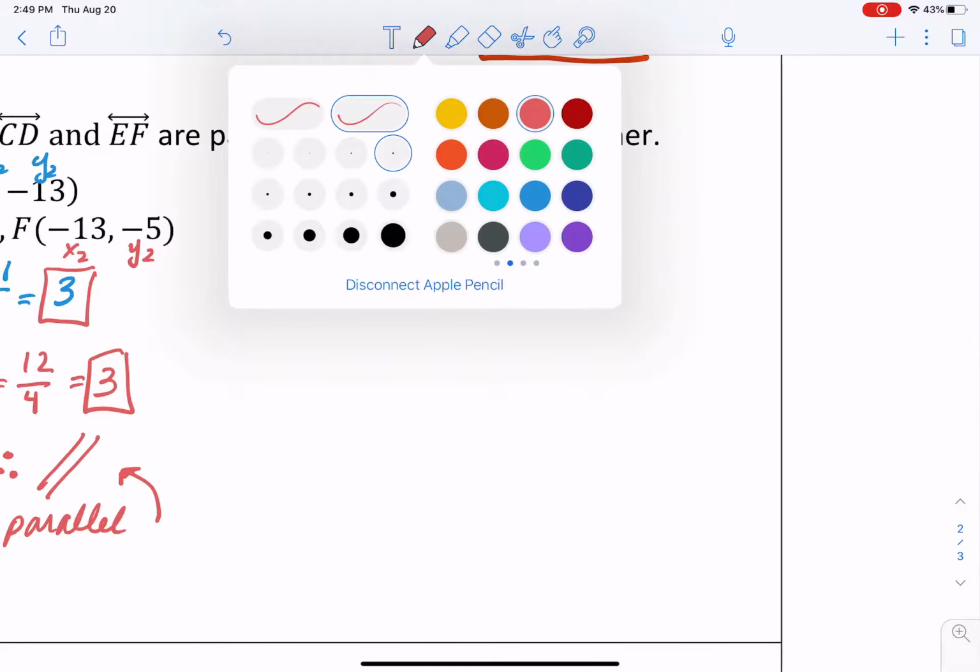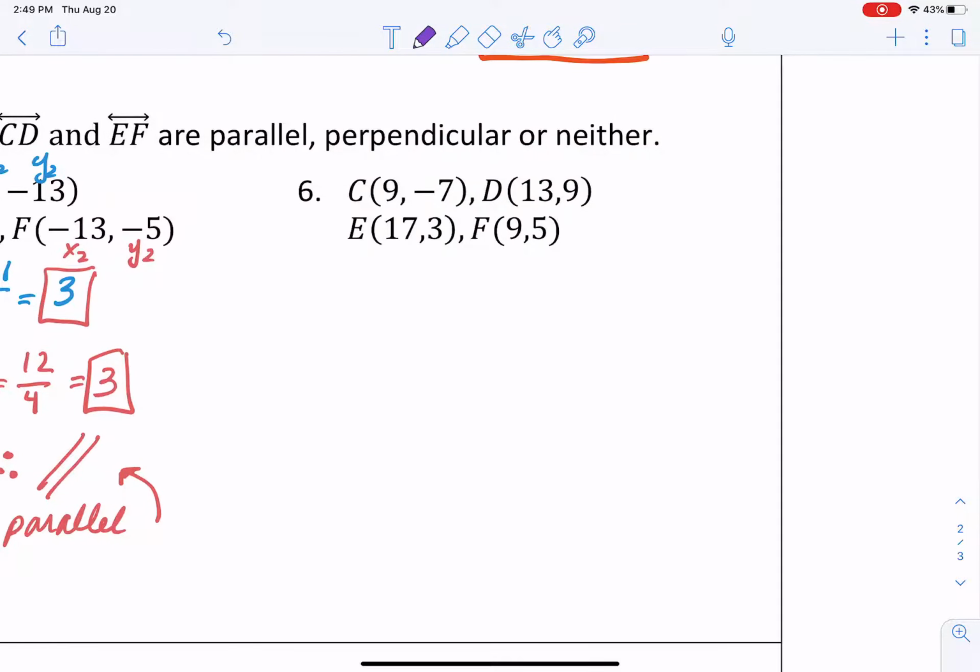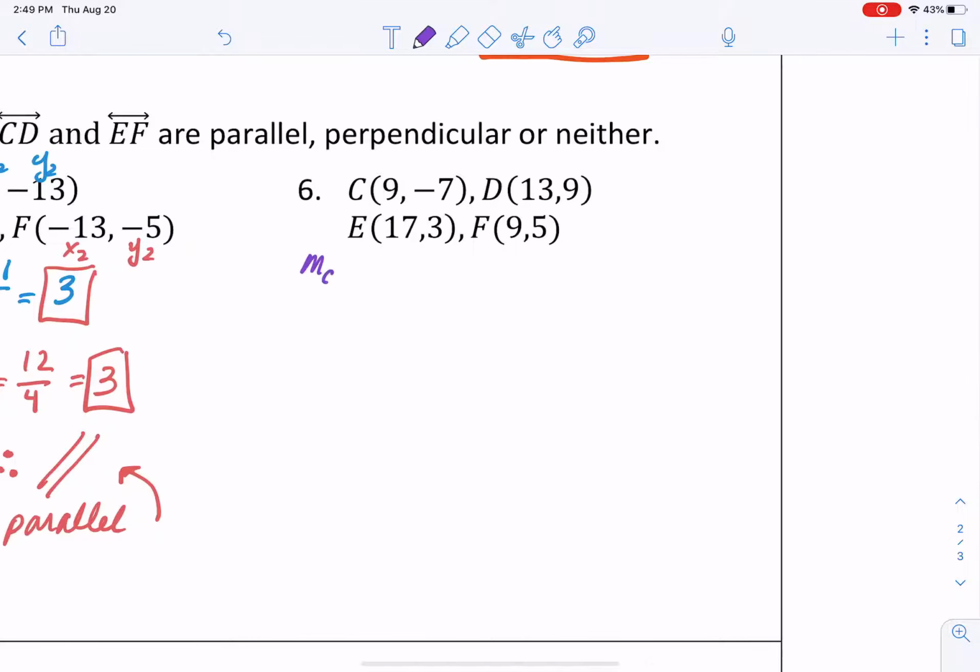Okay, last one. So we have the slope of CD. x1, y1, x2, y2: 9 minus a negative 7 over 13 minus 9. Double negatives become positive.